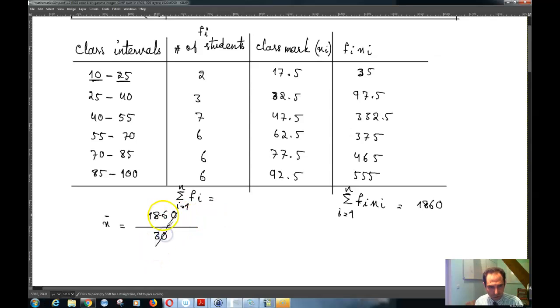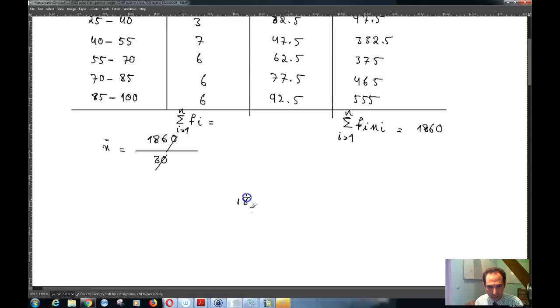So these zeros you can cancel out, and 186 divided by 3: 6 times 3 is equal to 18, and 2 times 3, so that's 62.